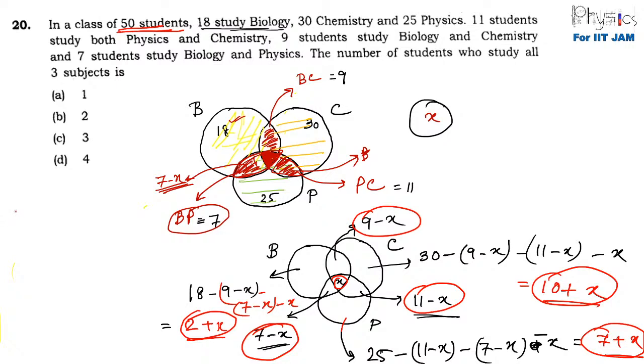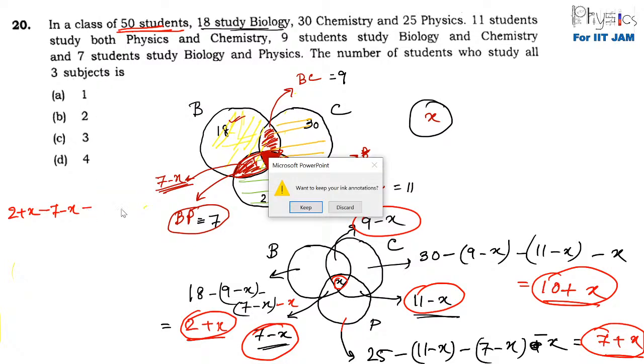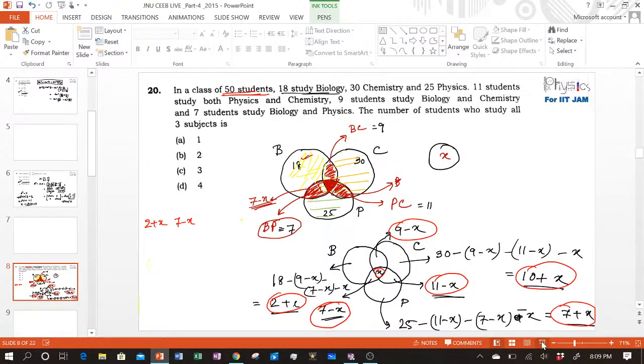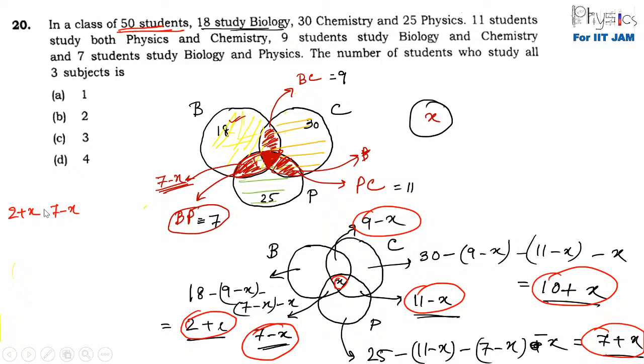So 2 plus x plus 7 minus x plus 10 plus x plus 7 plus x plus 9 minus x plus 11 minus x plus x.